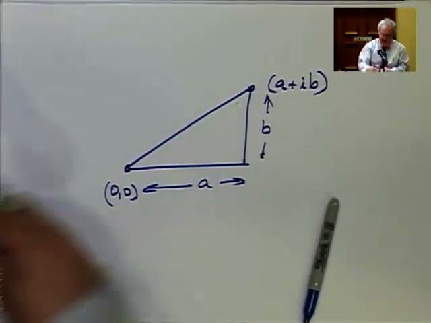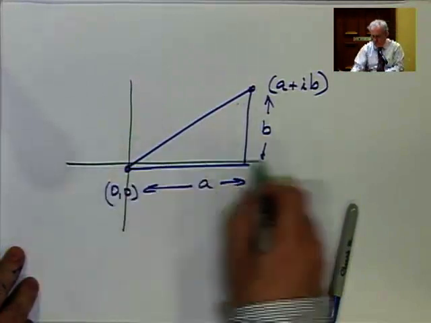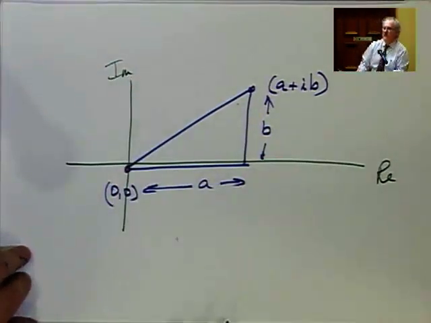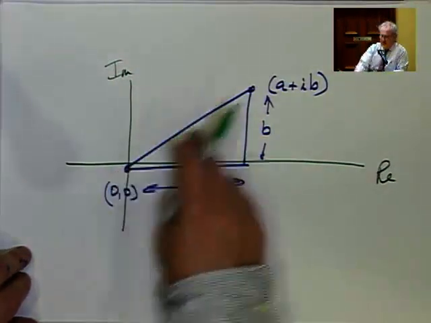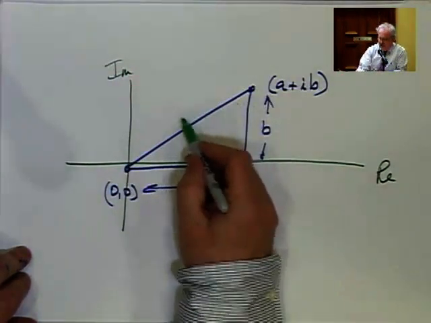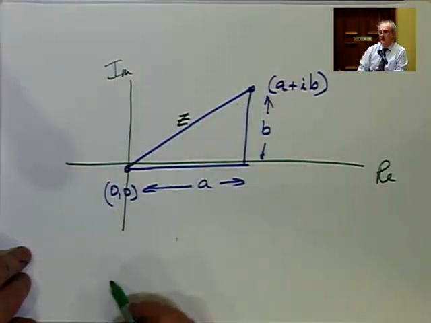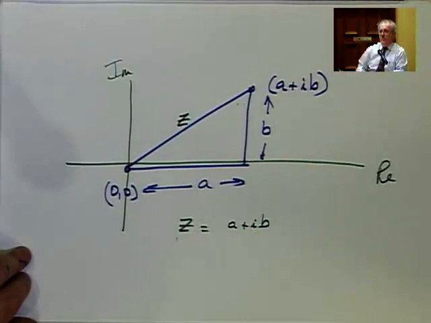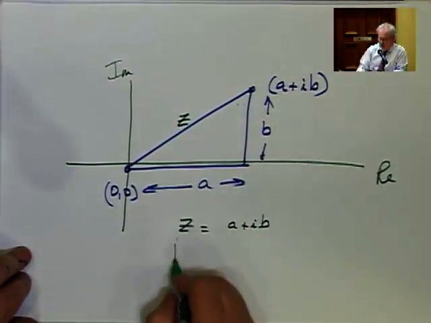The axes are similar, but they're called the real axis and the imaginary axis. What's the distance between these? What's z called? Well, z is called a plus bi, or a plus ib, isn't it? But what's modulus z?